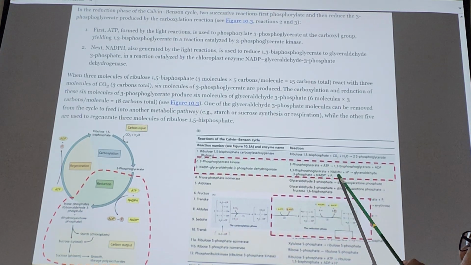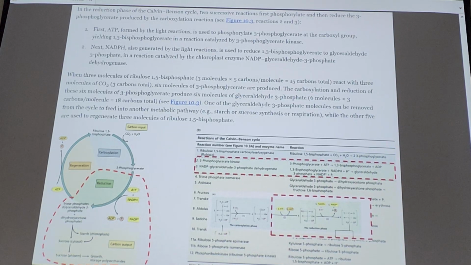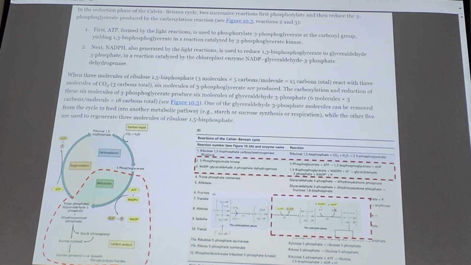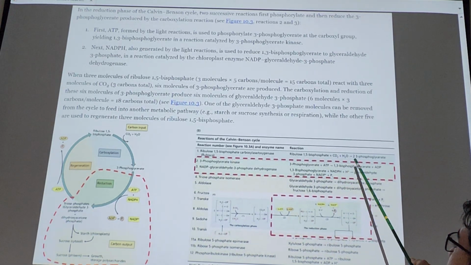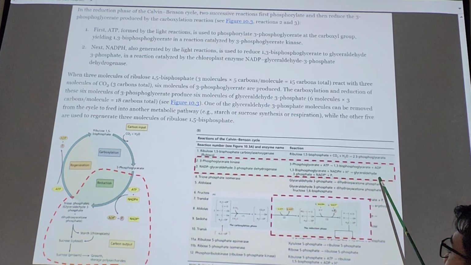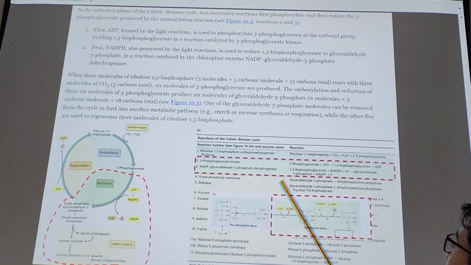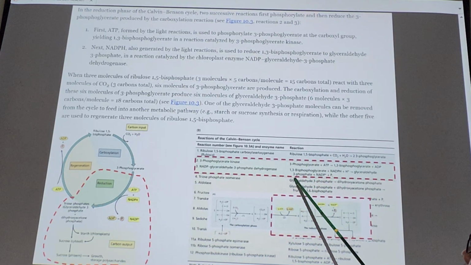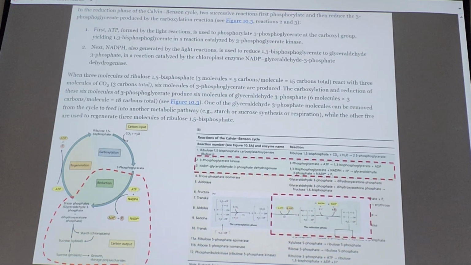This 1,3-bisphosphoglycerate will then receive hydrogen. It will get reduced by the action of NADPH. Now it becomes a new molecule. You see, it adds the name here: glyceraldehyde 3-phosphate. In this process, you can see that there is no more 1,3. Carbon number 1 gets dephosphorylated, actually.